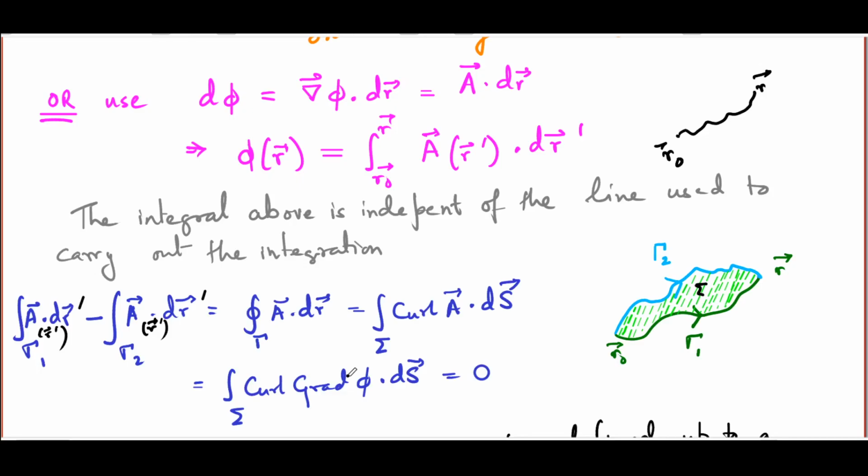So what we do see is that this approach tells us that adding a constant to phi of r can always occur. All you are doing here is changing your arbitrary point r0 from which you start the integration.